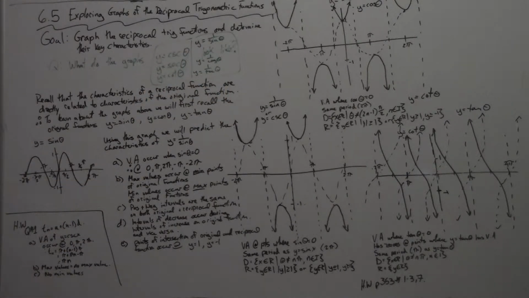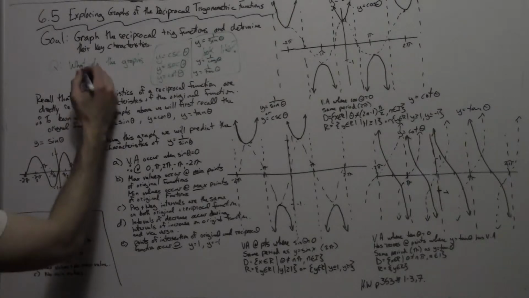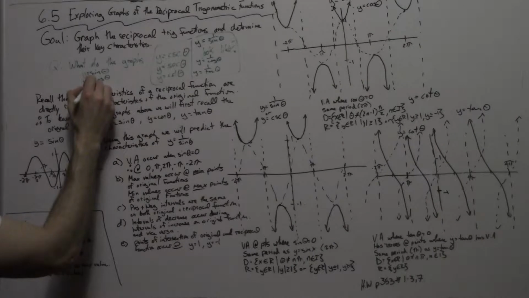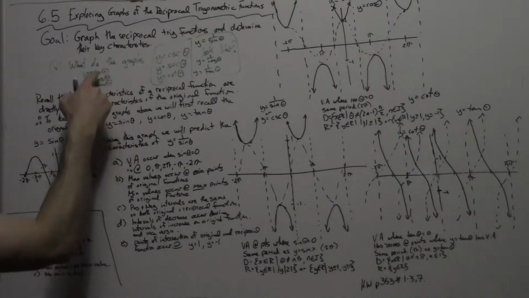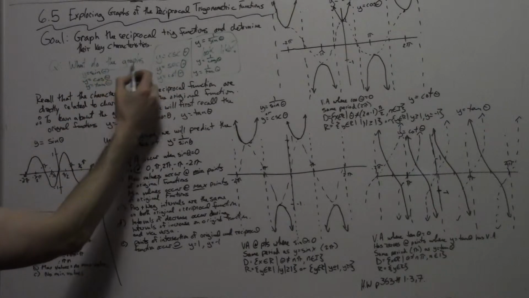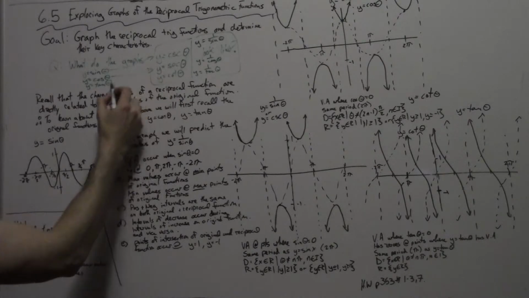Alright, so the first thing we need to do, recall that the characteristics of the reciprocal functions are directly related to the characteristics of the original function. So by observing the original functions, we can see what these functions are going to look like.